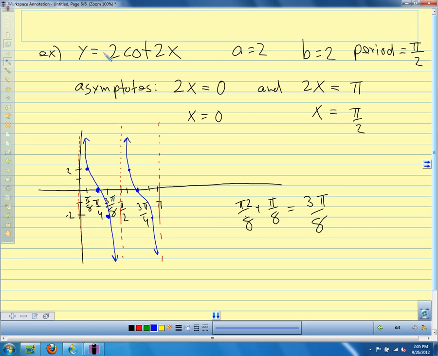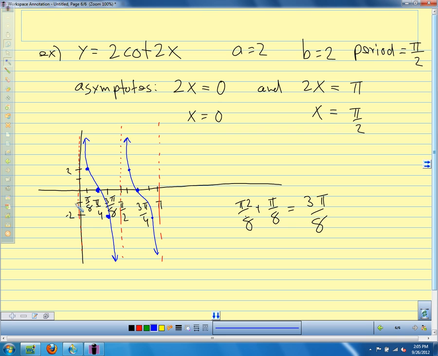It would look like the tangent function, right? If I flip this over the x-axis, it would look like the tangent function, except I'd be shifted over, in this particular case, by pi over 4 units, because my tangent function went through 0. So the cotangent, if we flip it over the x-axis and move it over, looks exactly like a tangent function.